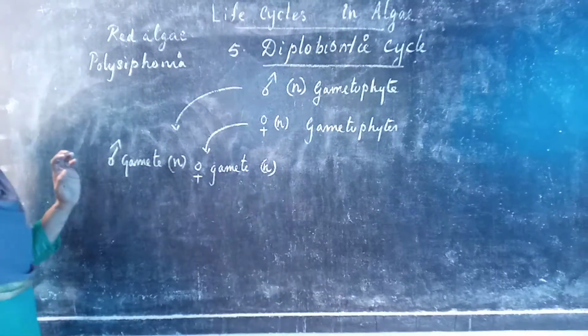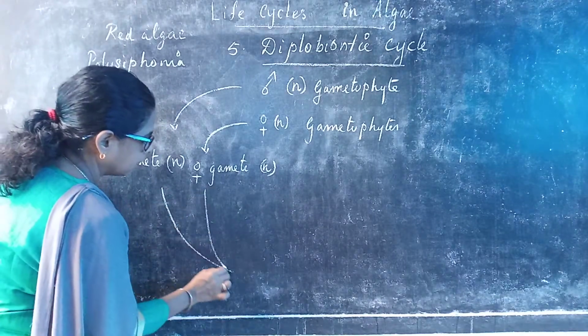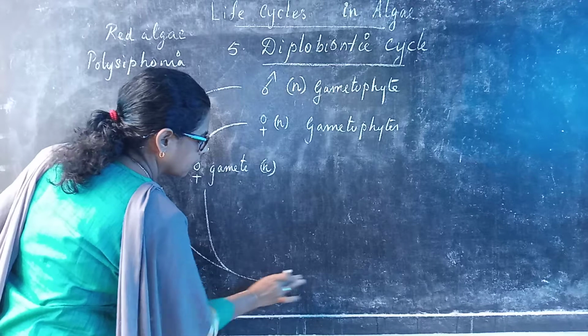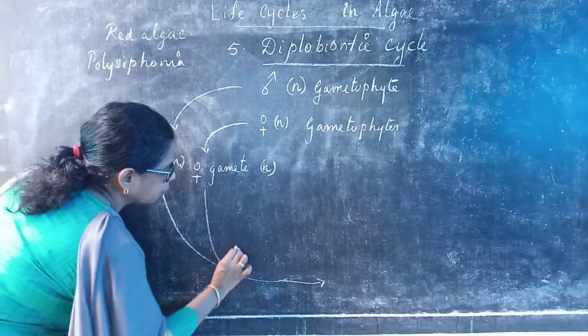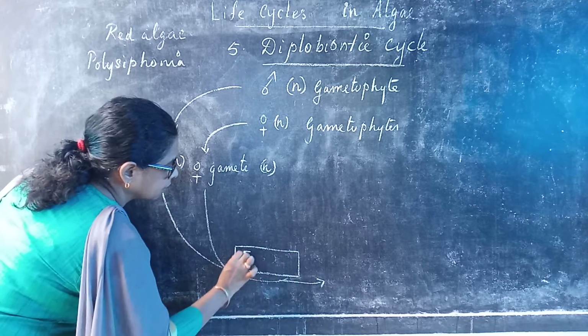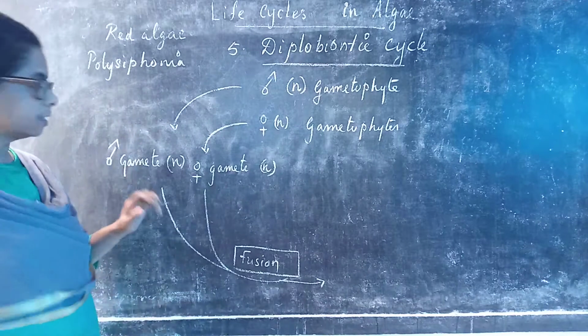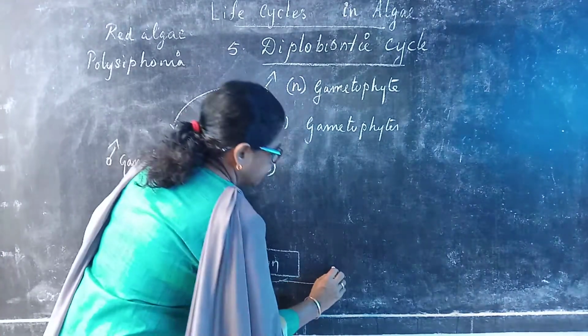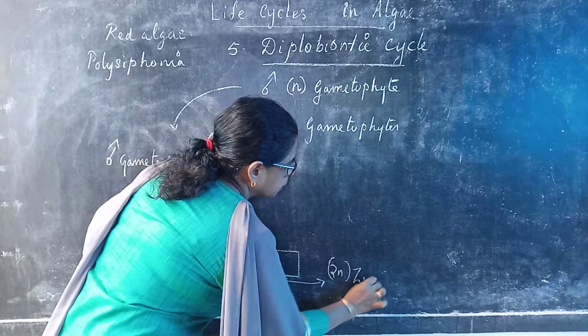Okay. Now, when these haploid male and female gametes undergo fusion or fertilization, it results in the production of a diploid zygote.